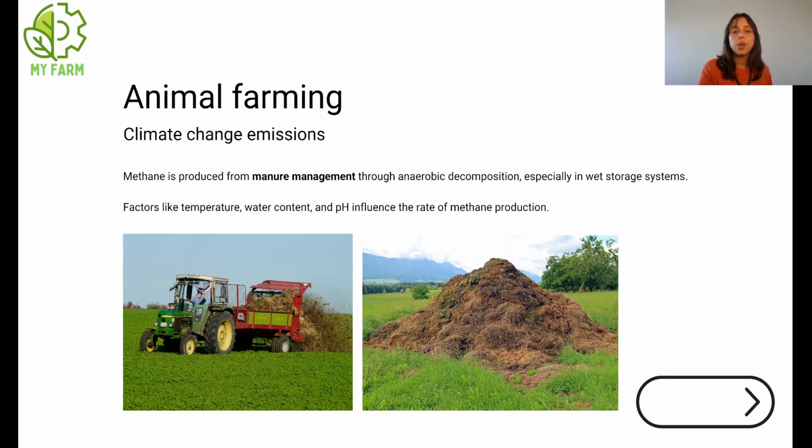Methane is produced from manure management through anaerobic decomposition, especially in wet storage systems. Factors like temperature, water content, and pH influence the rate of methane production.